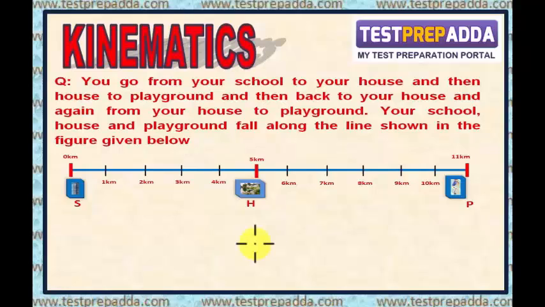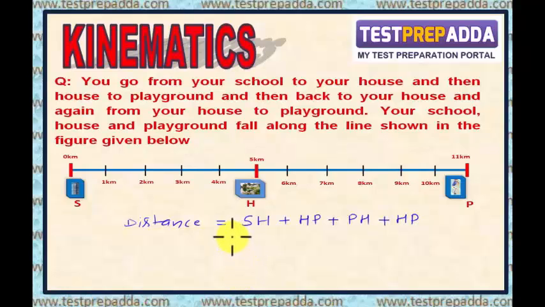Now, the distance is actually the distance between school and house plus the distance between house and playground plus the distance between playground and house plus house to playground.